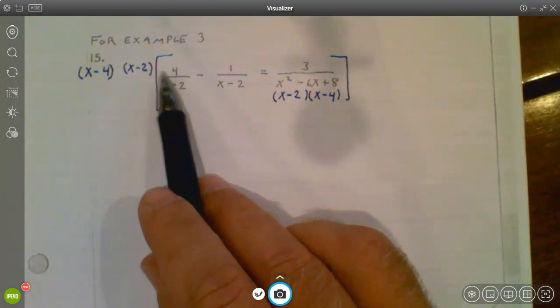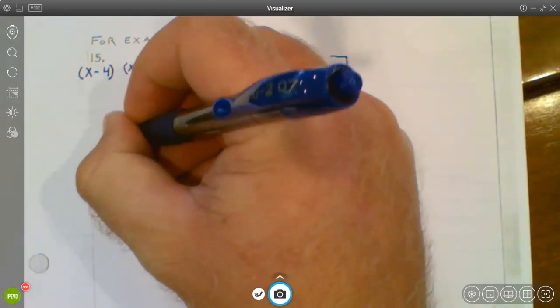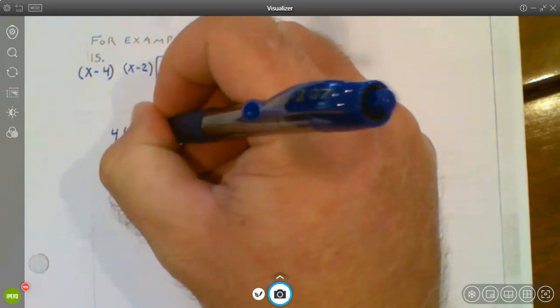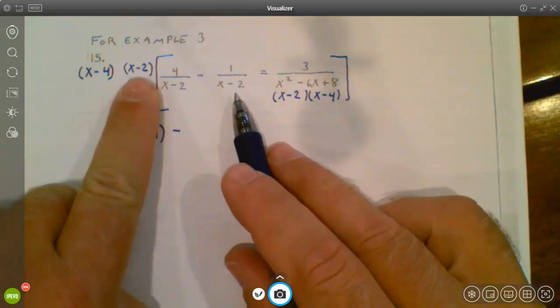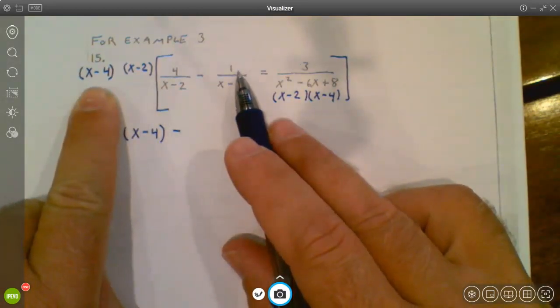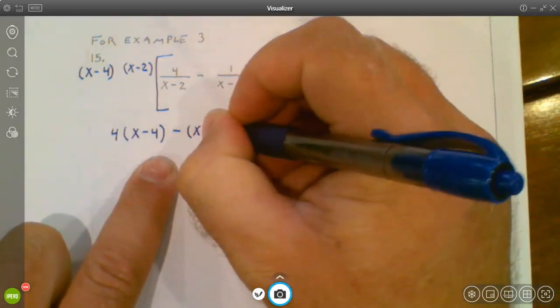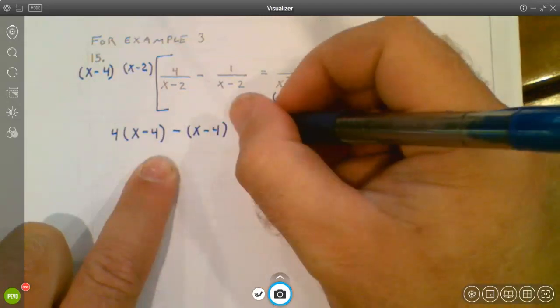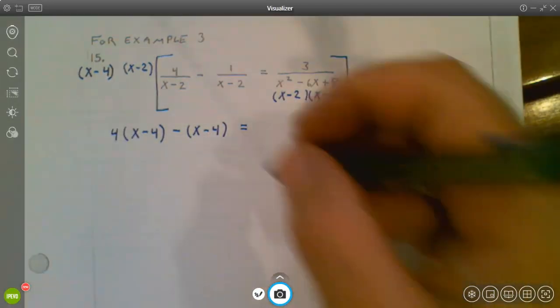I'm left with just the 4 times x minus 4. Minus. Right here I got the x minus 2's that would cancel, so it's just the negative 1 times x minus 4. On the far right, everything cancels, and I'm left with just the 3.